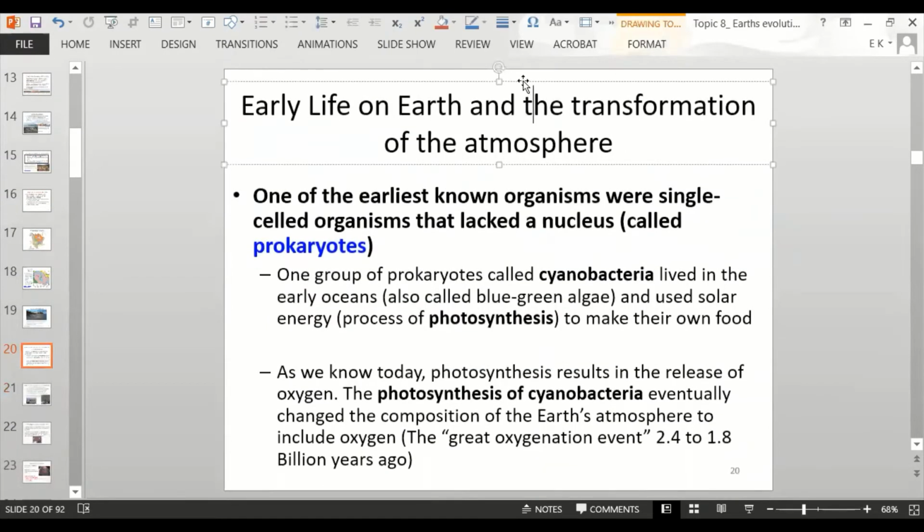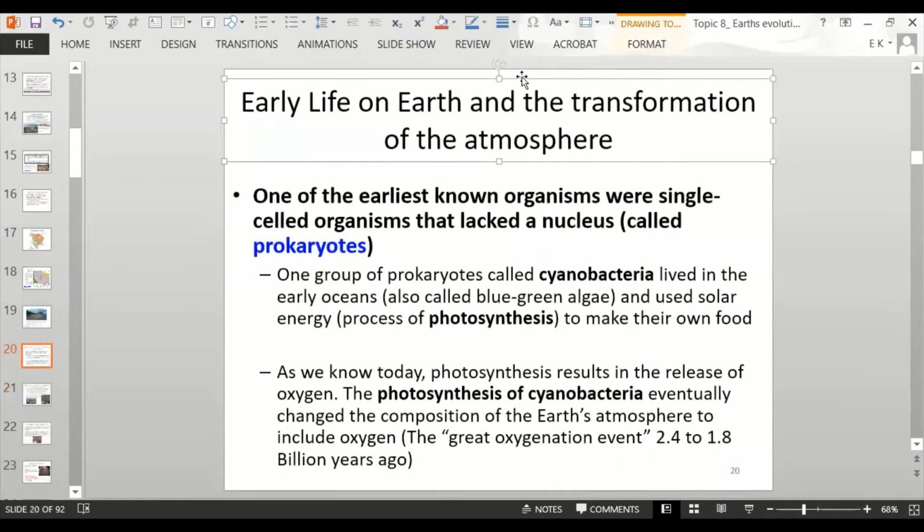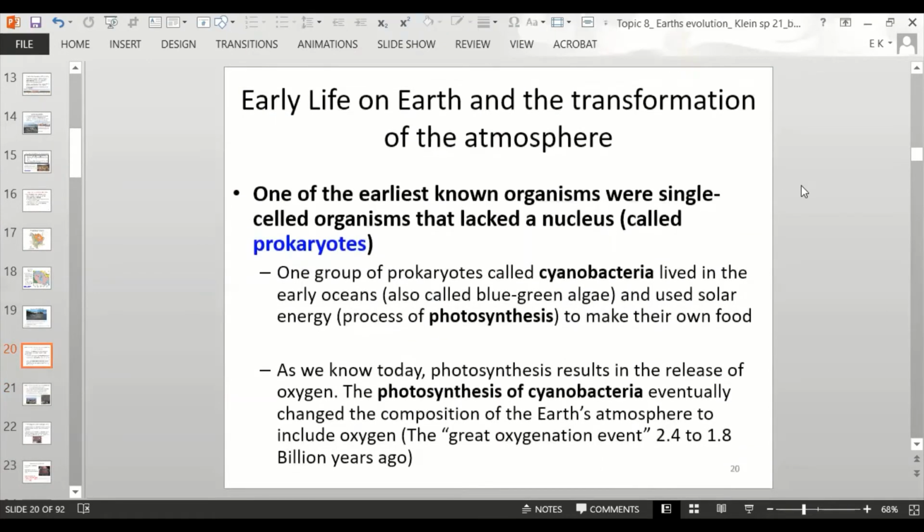So what about early life? One of the earliest known organisms were single-celled organisms that lacked a nucleus. These are called prokaryotes. One group of prokaryote is called cyanobacteria. And these organisms lived in the early oceans.